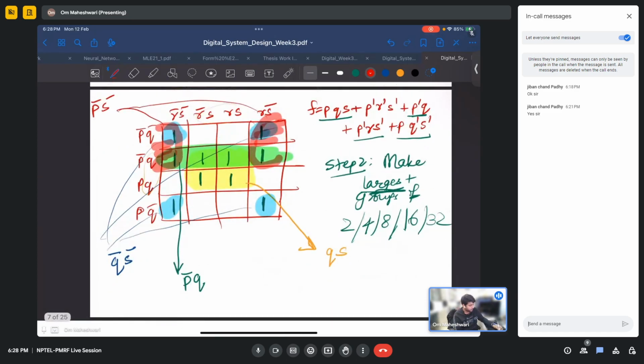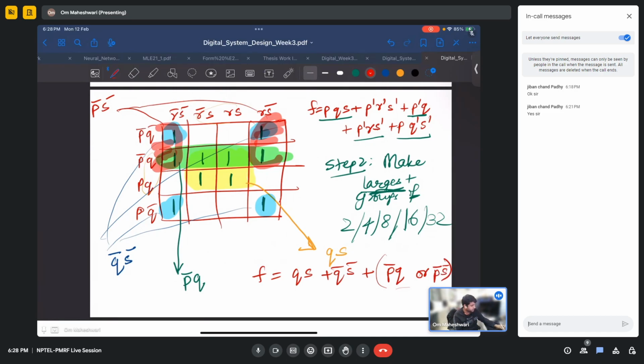So finally what we have is QS plus Q bar S bar plus either P bar Q or P bar S bar, one of these, right?